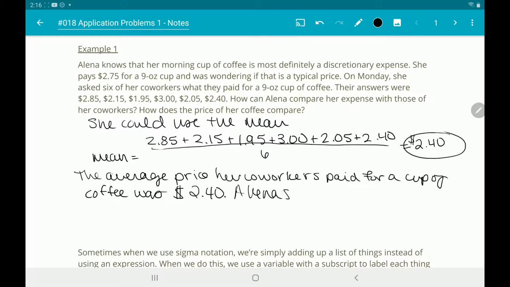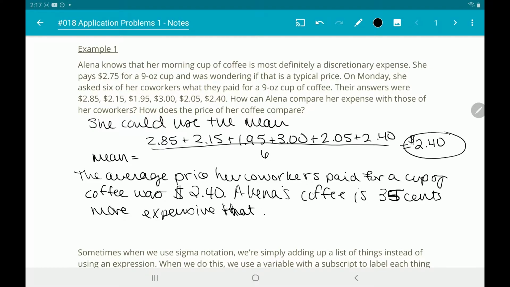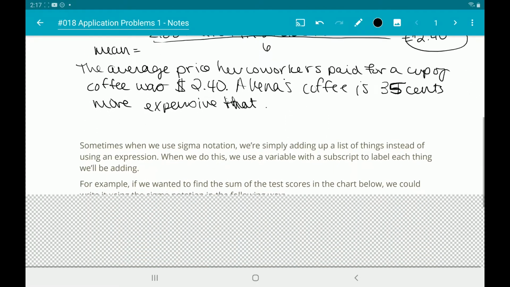Elena's coffee is 35 cents, oops, I wrote 35 cents, more expensive than that. So that's how it lies with those. So hers was above average, so she could try and find a way to lower that.